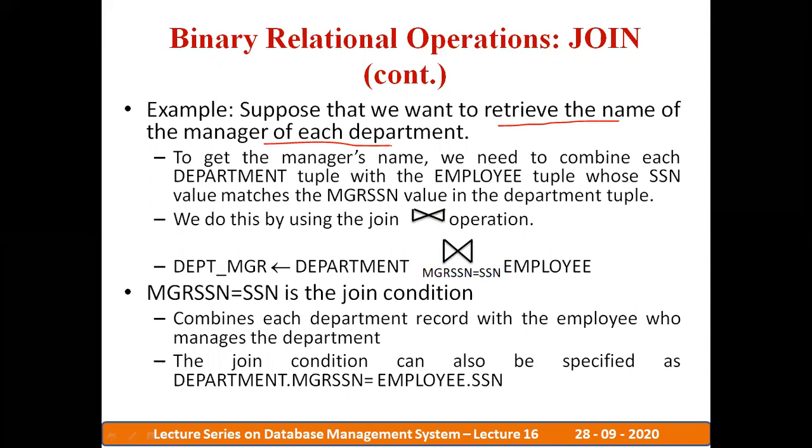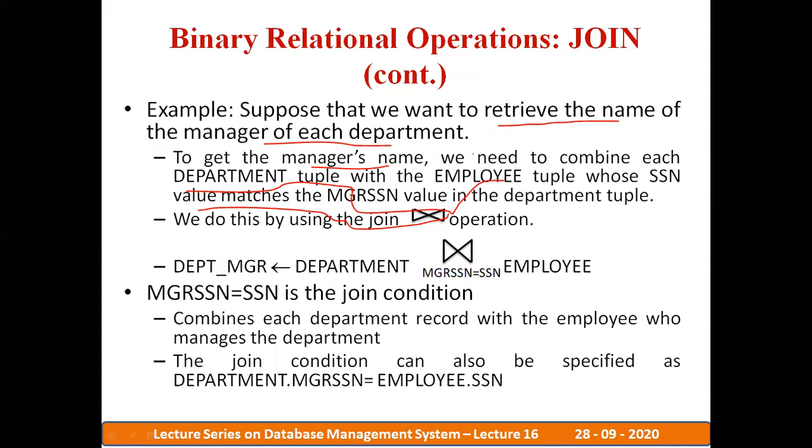And to check whether he is a manager or not, I need the department table. So two relations are involved: one is employee, another one is department. To get the manager's name, we need to combine each department tuple with the employee tuple whose SSN value matches the manager SSN in the department tuple.